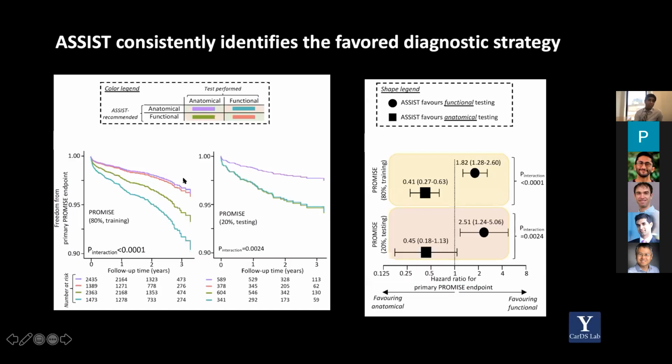In comparing groups, what I have here are people in the purple who had the ASSIST-recommended anatomical test, versus the other group, which is what was recommended versus what was done. And there is a significant interaction by the test they underwent versus the test they were recommended. This essentially is a replication of the plot on the left to the right.